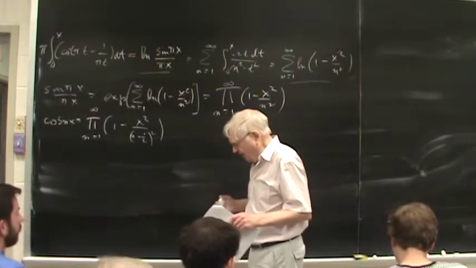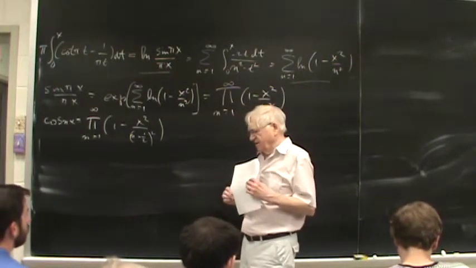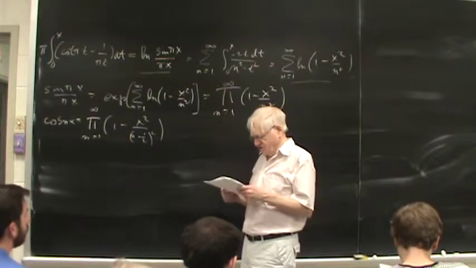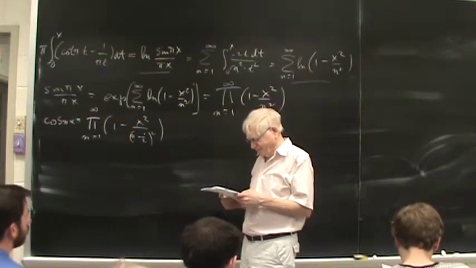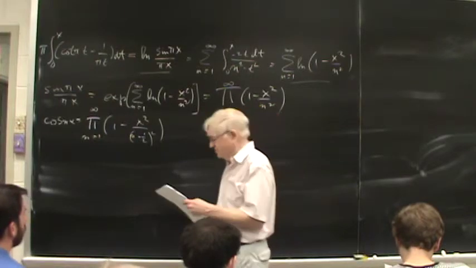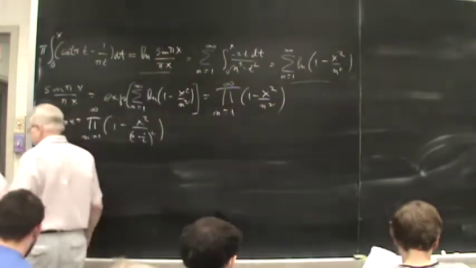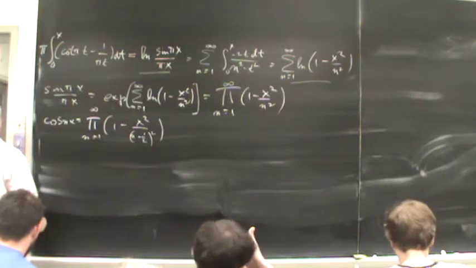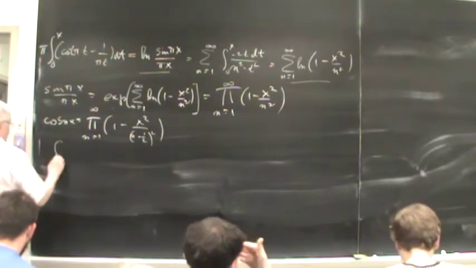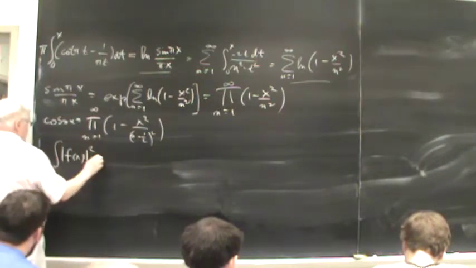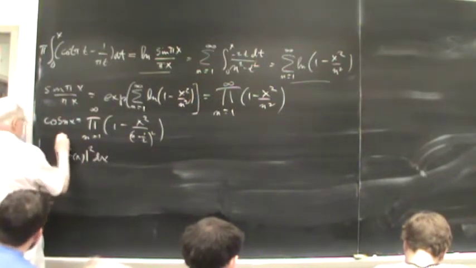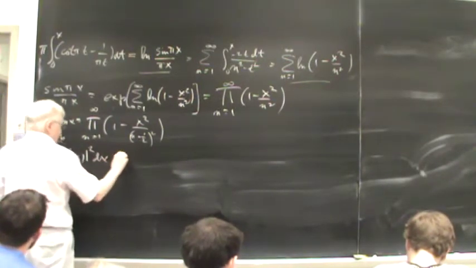But there's a much wider class of functions that are related to Fourier series, and these are the functions that are square integrable on some closed interval. So let us say that the integral of the absolute value of f of x squared dx from a to b exists.